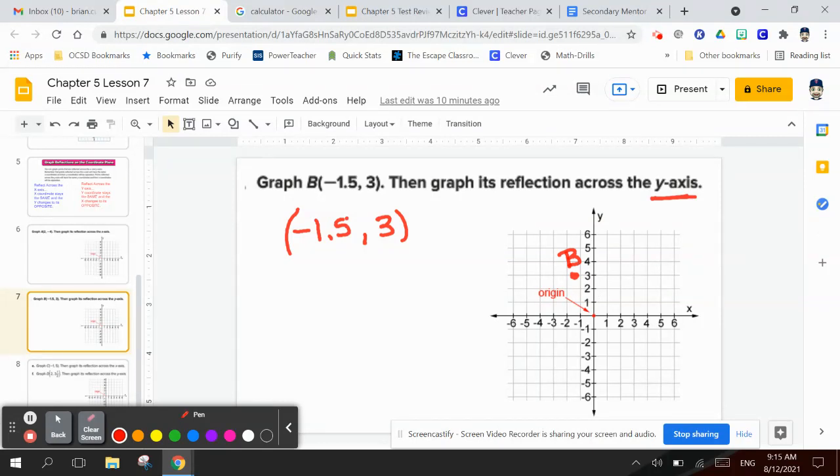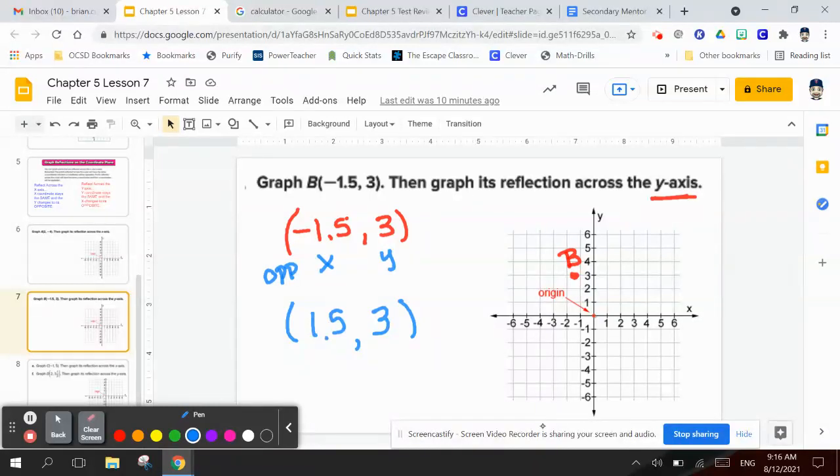So now I want to find the reflection across the y-axis. Here's x, here's y. When we reflect across the y-axis, y stays the same, so 3. X changes to its opposite. The opposite of -1.5 is 1.5.